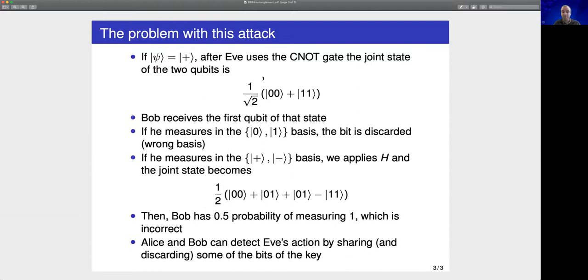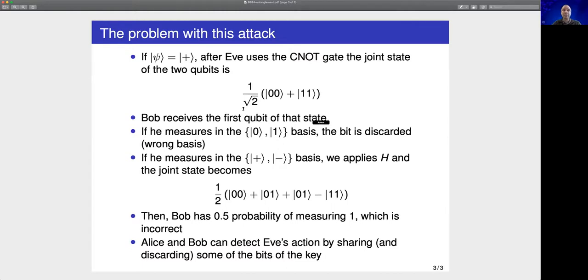So she needs to use the CNOT gate as before, and then the state of the two qubits, the qubit that Alice is sending to Bob and the qubit that Eve is using to entangle, will be this Bell pair here. This is exactly what we have done several times in the previous lecture. Now she sends the first of these qubits to Bob. This is the qubit that she had intercepted, so she resends it to Bob.